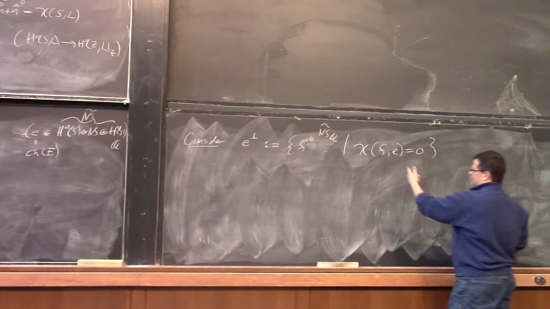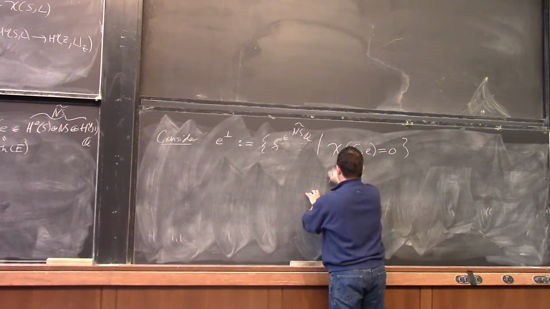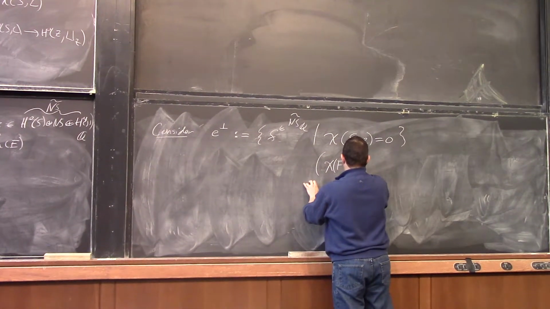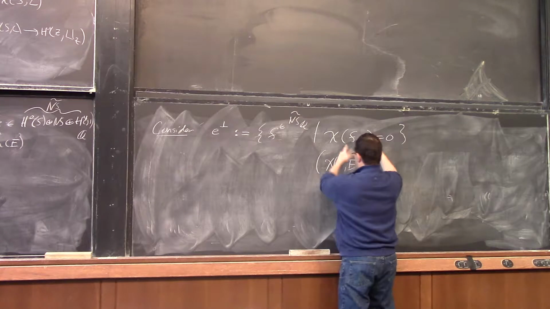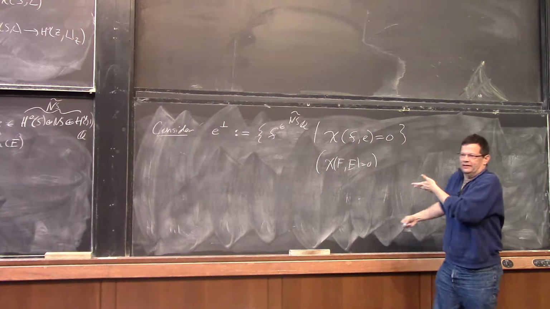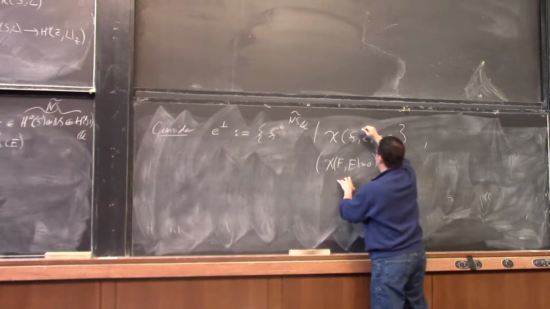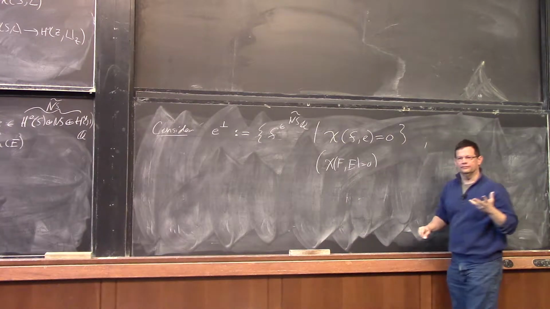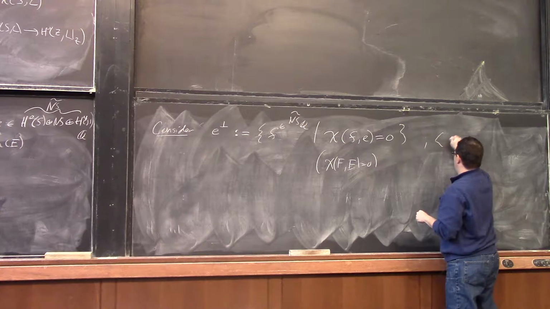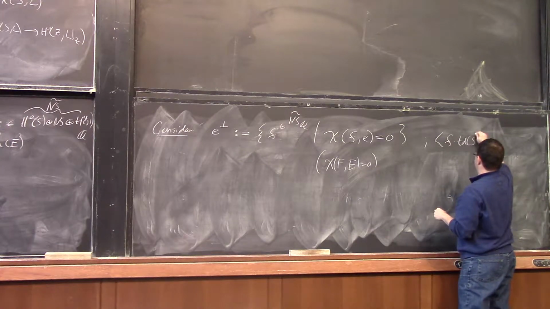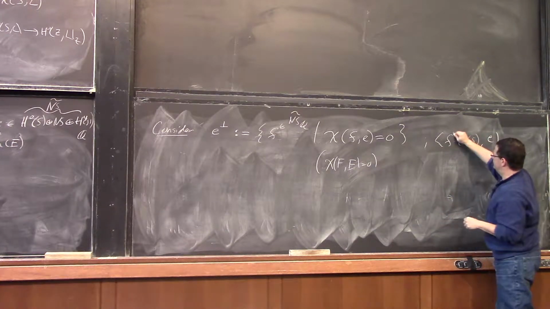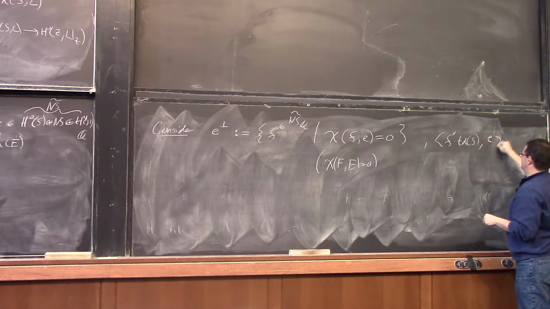So what that means is, chi of F E is 0 if F and E were vector bundles representing F and E. But it's a Riemann-Roch condition. It says that if I pair F and the Todd class of S with E, maybe F dual, I get 0.